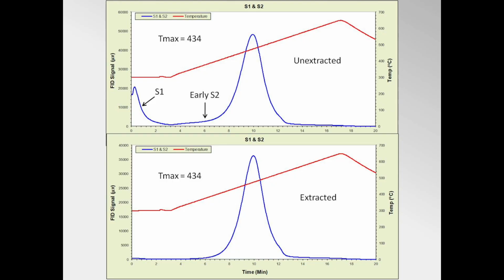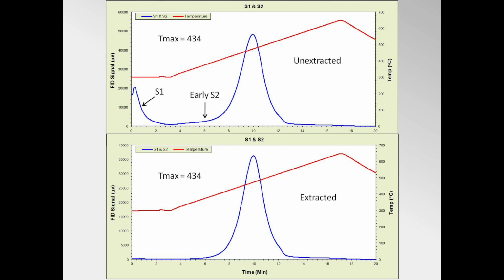This slide shows pyrograms for a single sample that was analyzed both before extraction, that is at the top, and after extraction. You'll notice the Tmaxes are identical and the main S2 peak appears to be very similar.